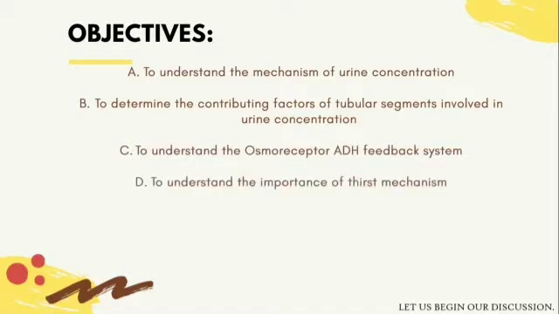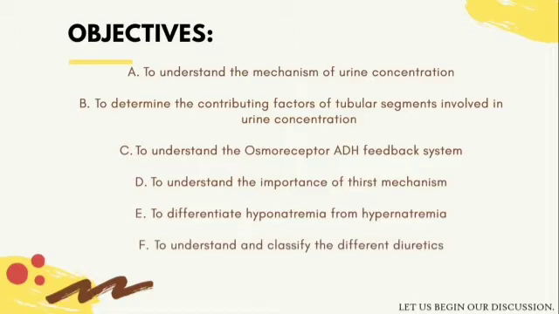D. To understand the importance of the thirst mechanism. E. To differentiate hyponatremia from hypernatremia. F. To understand and classify the different diuretics. And lastly, G. To understand the mechanism of natriuresis. So now, let us begin our discussion.